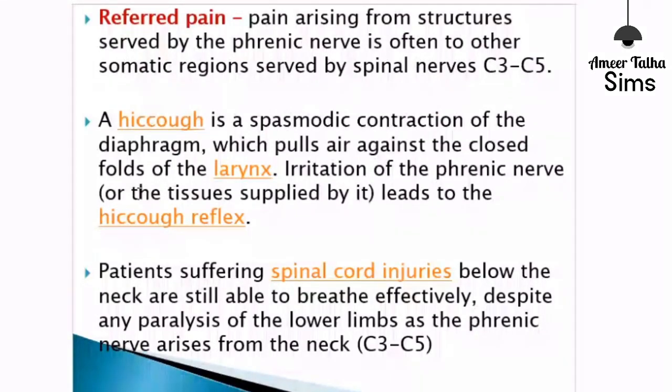Next, we have hiccup. What is hiccup? Hiccup basically is a spasmodic contraction of the diaphragm. And irritation of the phrenic nerve leads to the hiccup reflex. Whenever there is injury of the spinal cord below the neck, the patient is still able to breathe effectively because the nerve root value of the phrenic nerves is C3, C4, and C5.